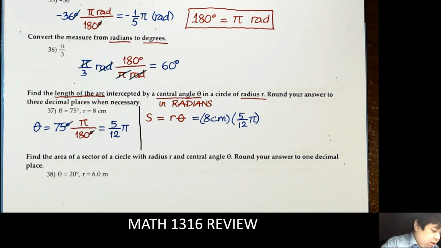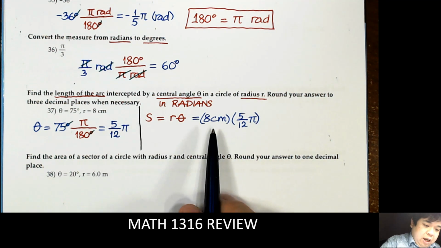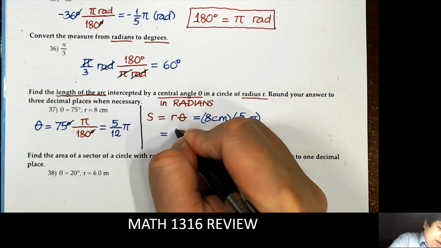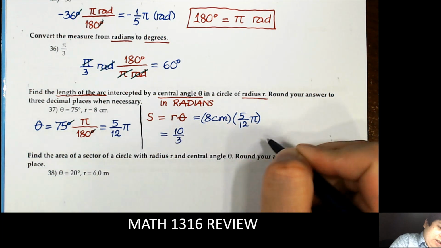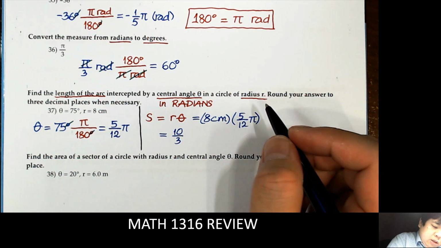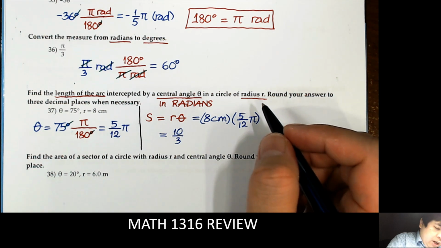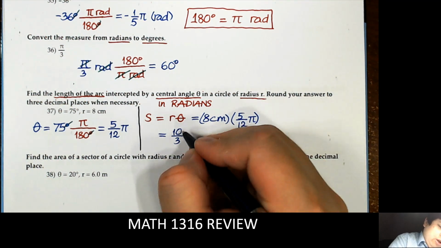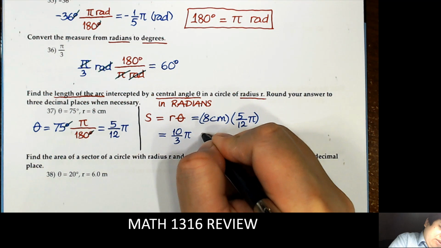So we multiply 8 times 5 over 12, we have 10 over 3 pi centimeters.